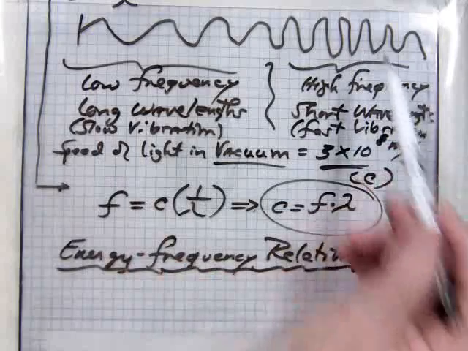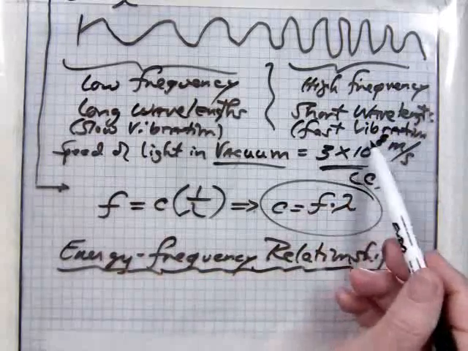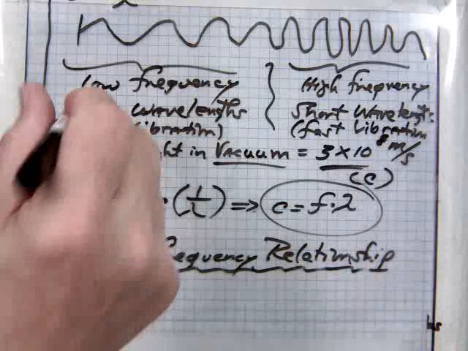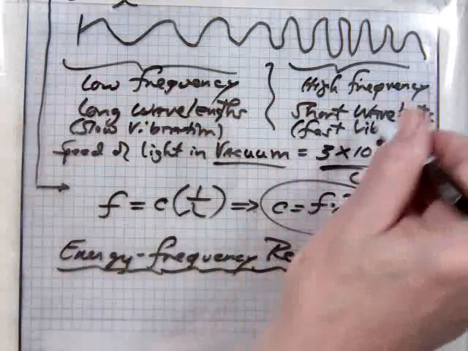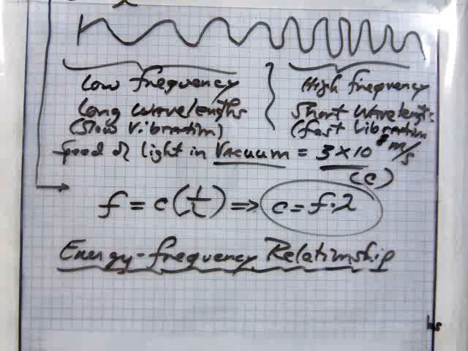So as we have a high frequency, we have fast vibrations. As I go from left to right on this, what happens to the frequency? You start out slow, and then as you get further to the end, it gets up to higher vibrations.